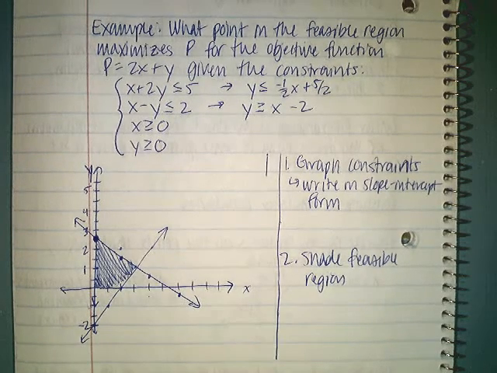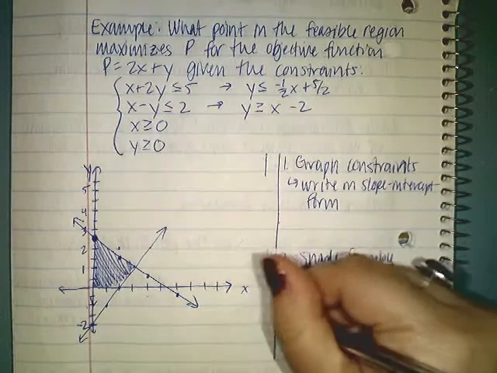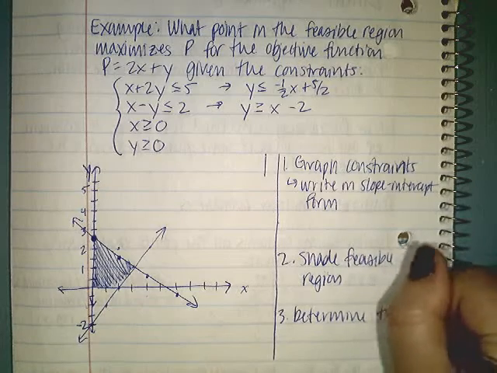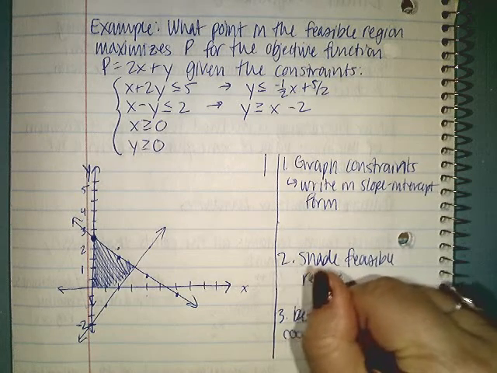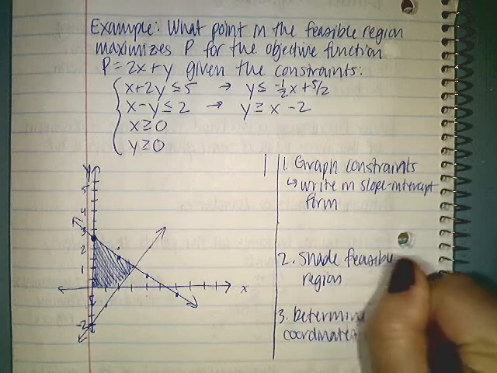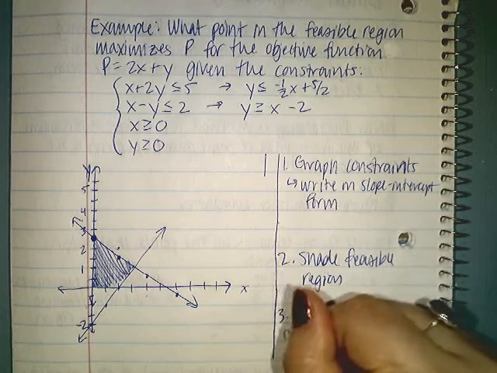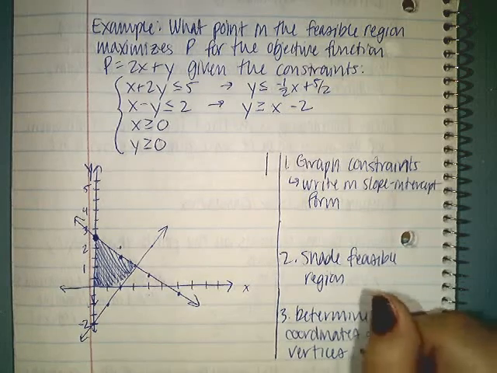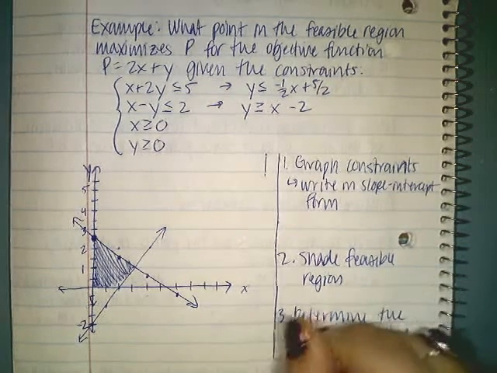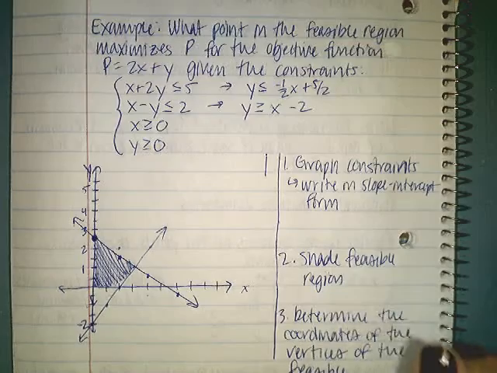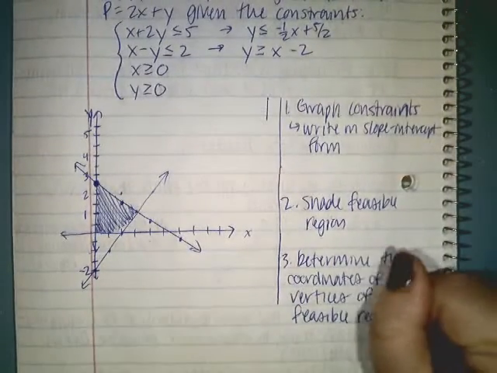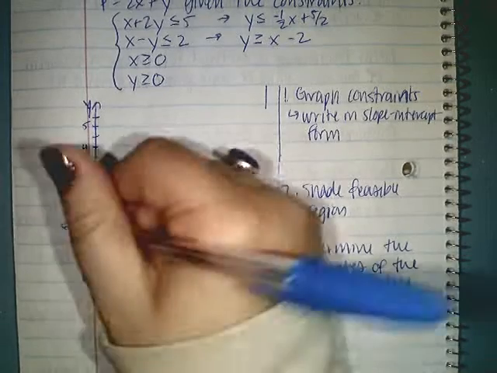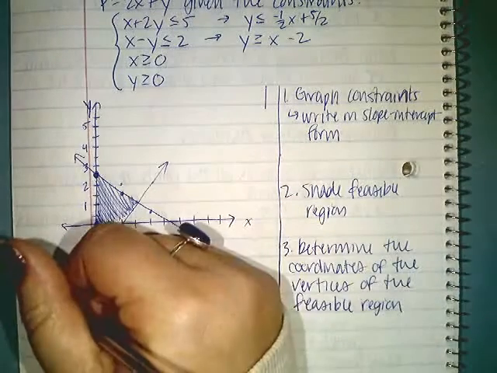So what I'm going to do next is determine the coordinates of the vertices of the feasible region, sorry. So I can visually see these here, so I'm going to list them out.